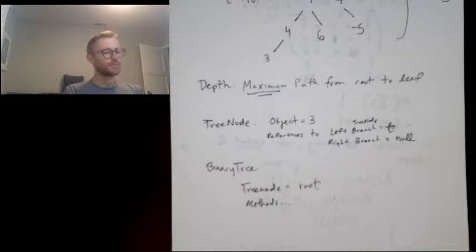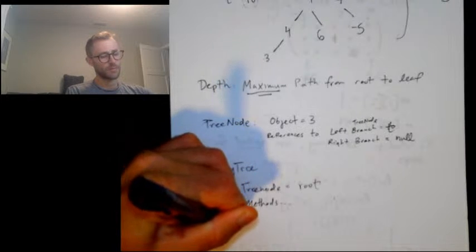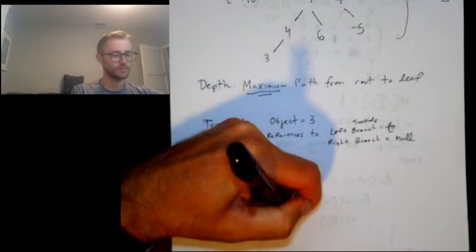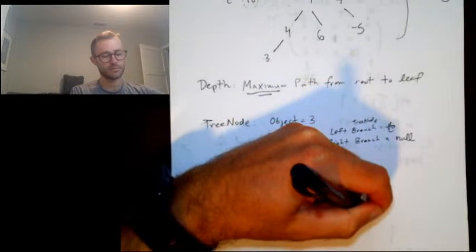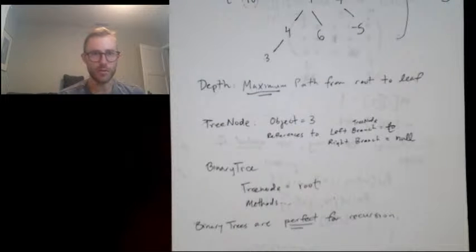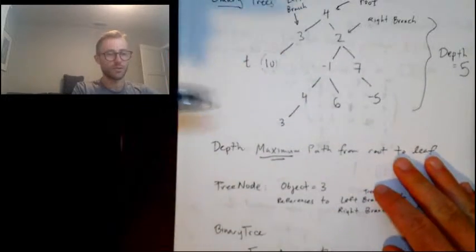Okay, binary trees are perfect for recursion. So you always want to be thinking recursion with binary trees. Why is that? Well, to go through the entire tree is called a traversal.